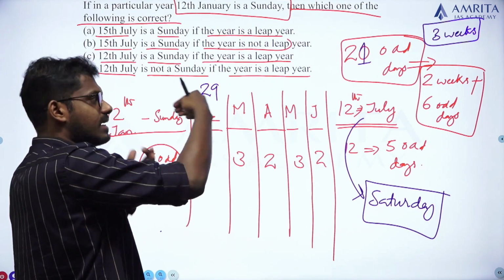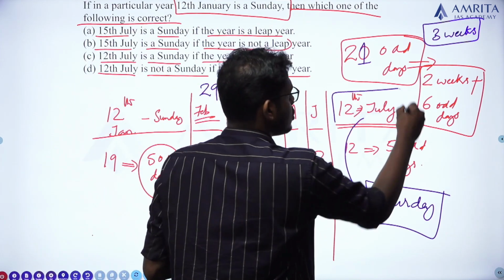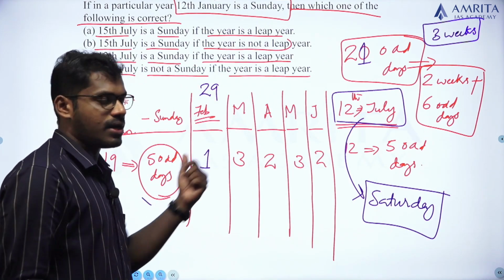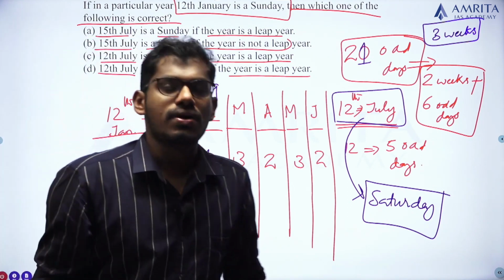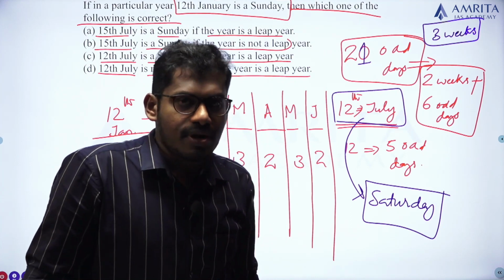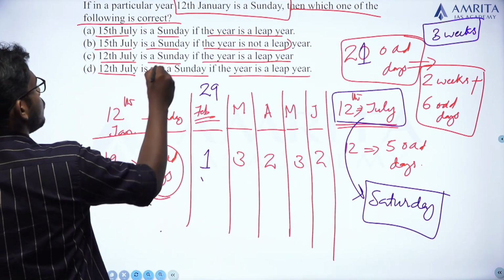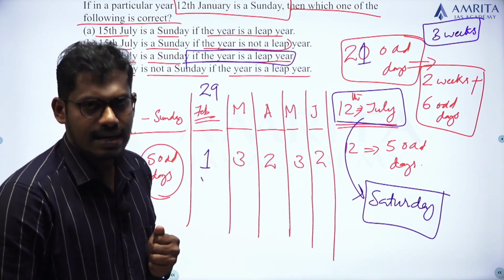Since 12th July completes a full week, the day will fall on Sunday. So the answer is 12th July is a Sunday if the year is a leap year. Option C is the correct answer.